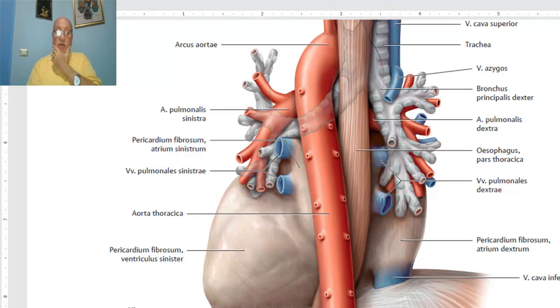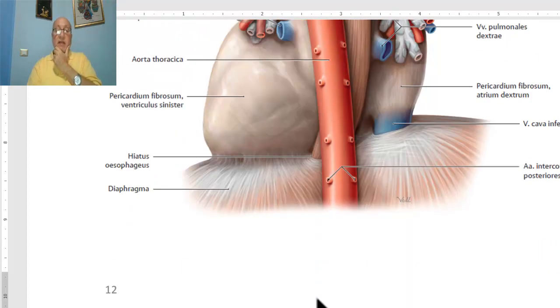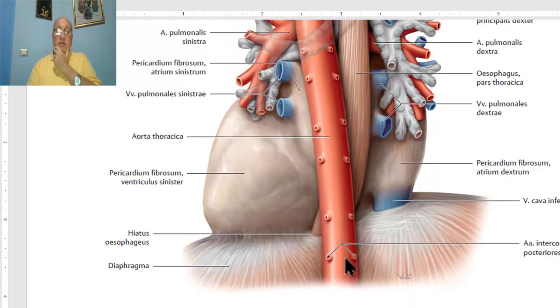Therefore, in front of the aorta, there is the esophagus. At the last part of the aorta, the terminal part, anteriorly there is the diaphragm.